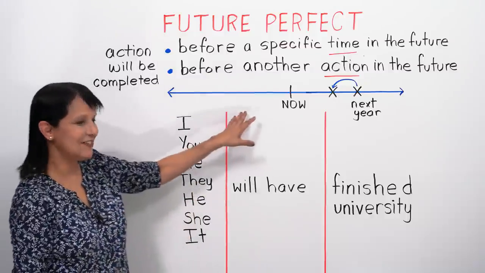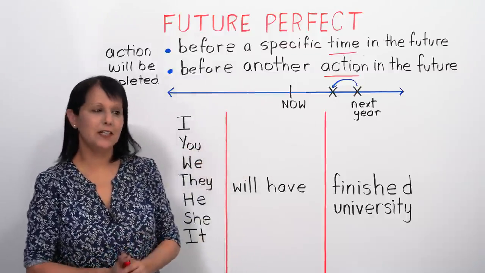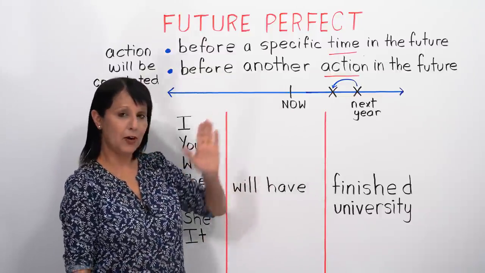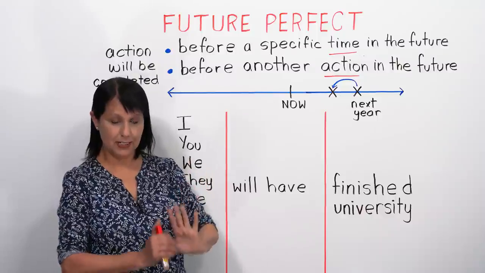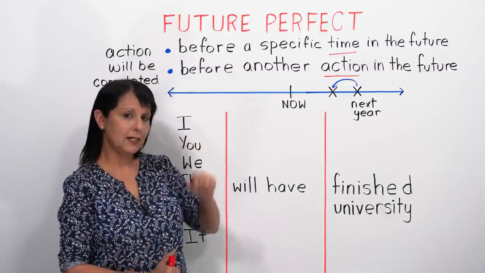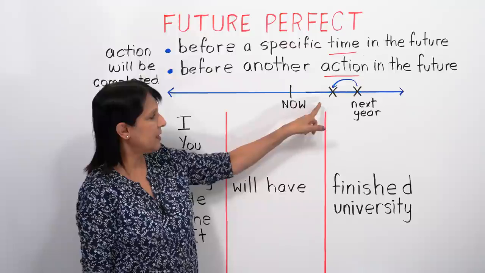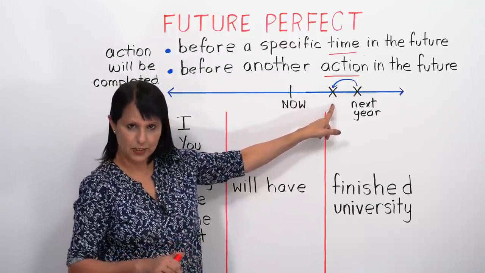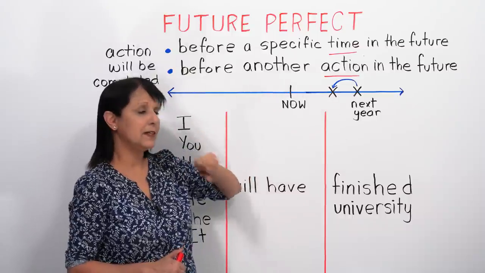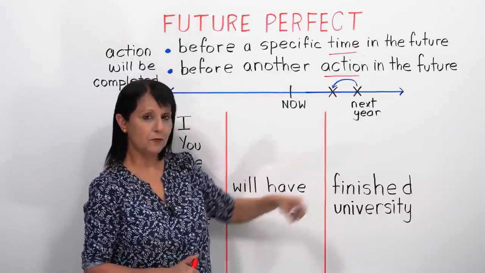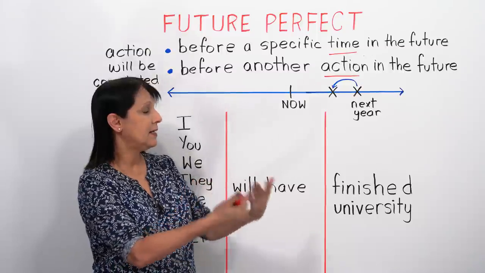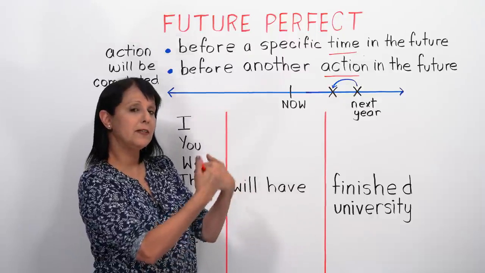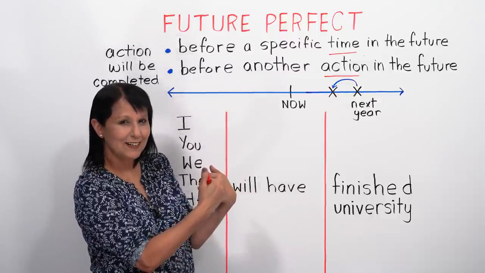All right, so let's look at this timeline. Let's pretend that I'm a university student, and this is where I am right now. Okay, this is the present in time. And I'm thinking ahead, and so I'm saying, okay, 6 months from now, I will finish university. But when I think ahead, I say, a year from now, or next year at this time, what things will already be over?